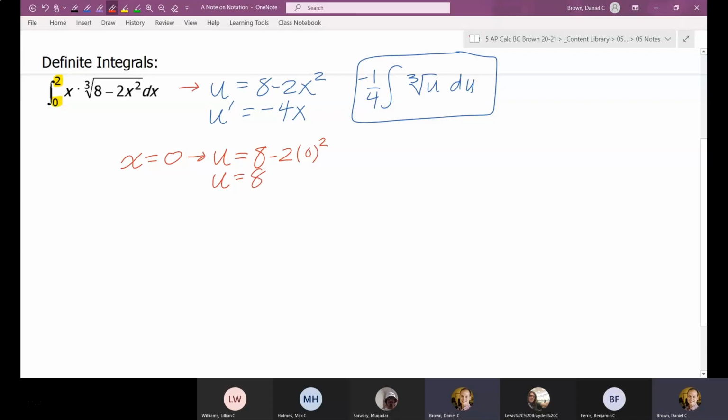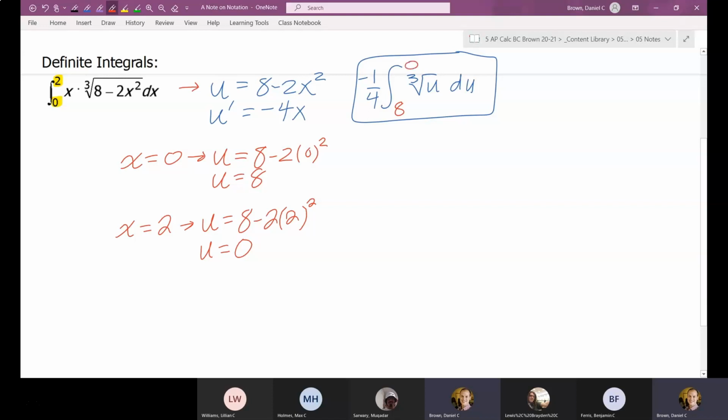So we have a correspondence: when x is 0, u is 8. Then we can do the same thing for 2. When x is 2, what is u? U is 8 minus 2 times 2 squared, 8 minus 2 times 4. U happens to be 0. So when x is 2, u is 0.